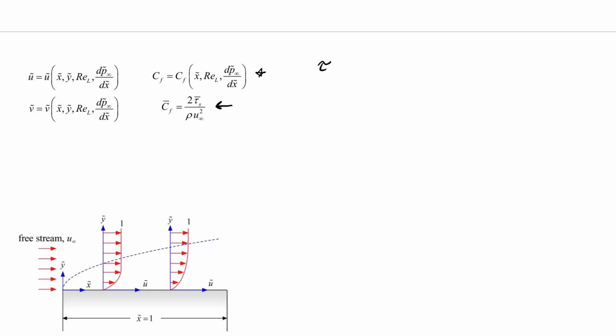So we have tau s bar, the length-averaged integral from 0 to our length L of tau s times dx, right? That's just our definition of the average shear stress over that length.